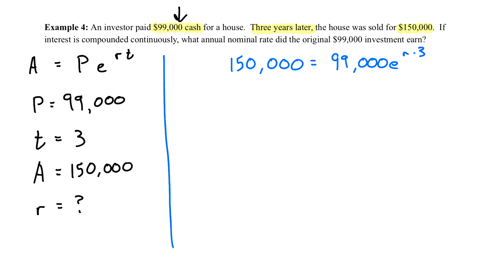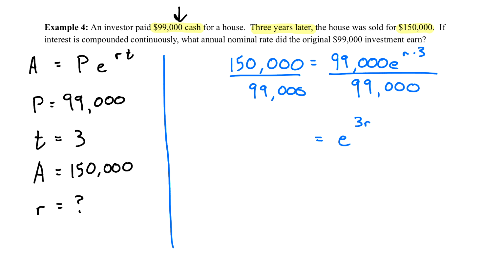So again, I need this exponential part by itself. I need to solve for that part first, which means I need to divide both sides by 99,000. So here on the right-hand side, I get e to the 3r power, which is exactly what I wanted.